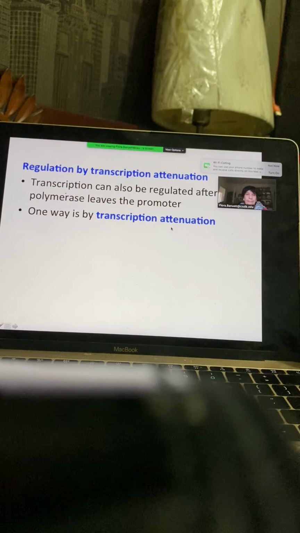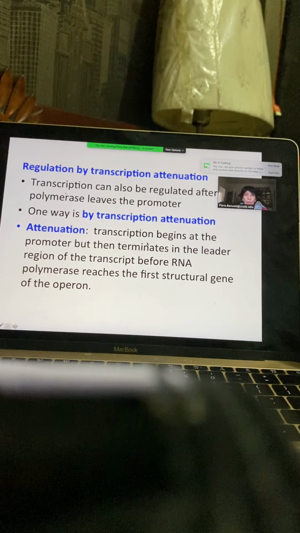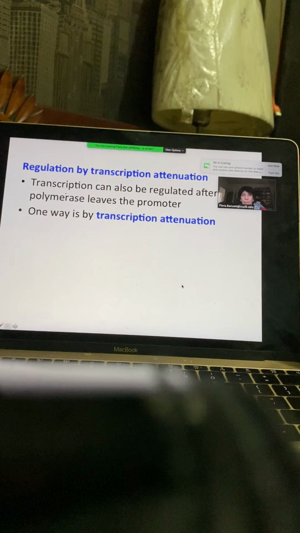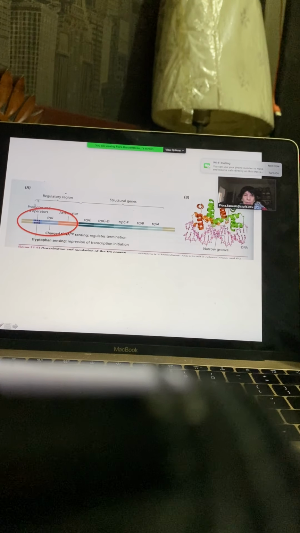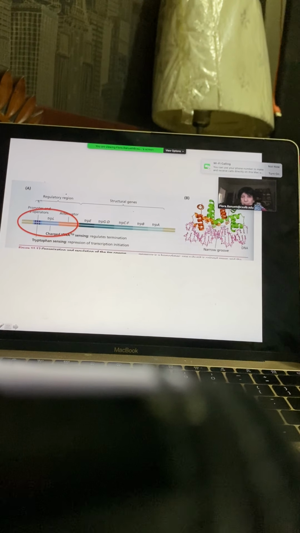In attenuation, transcription begins at the promoter, but terminates in the leader region of the transcript before RNA polymerase reaches the first structural gene of the operon. Transcription will start here in the promoter and will terminate in this region before the first structural gene, depending on the concentration of amino-acylated tRNA trip.